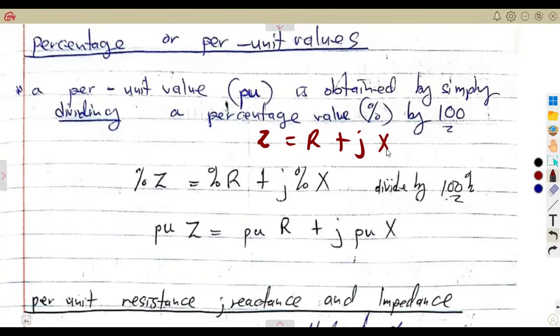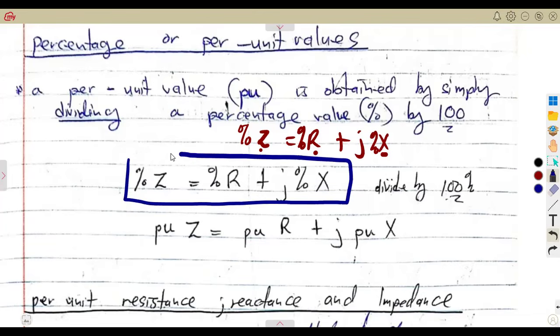But when you consider it is now a percentage, it means the resistance is supposed to be a percentage, and the reactance also must be a percentage. So this is the condition for a percentage impedance. When they ask you to calculate a percentage impedance, you must have your resistance as a percentage. You must have your reactance as a percentage as you are given.